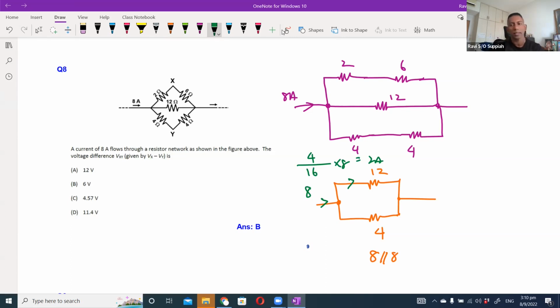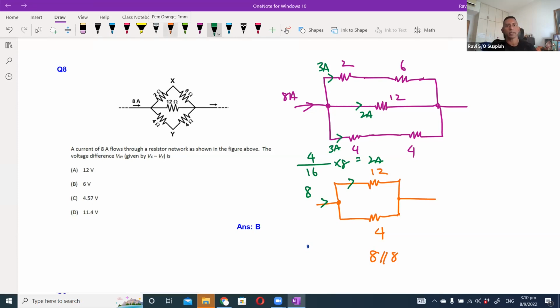So the current coming into this 12 ohm branch is 2 ampere, and the other two branches have the exact same resistance, so the remaining current will be equally split. Total current is 8, 2 comes here, balance 6. So 3 will come here, another 3 will come here, because both these branches are the same.